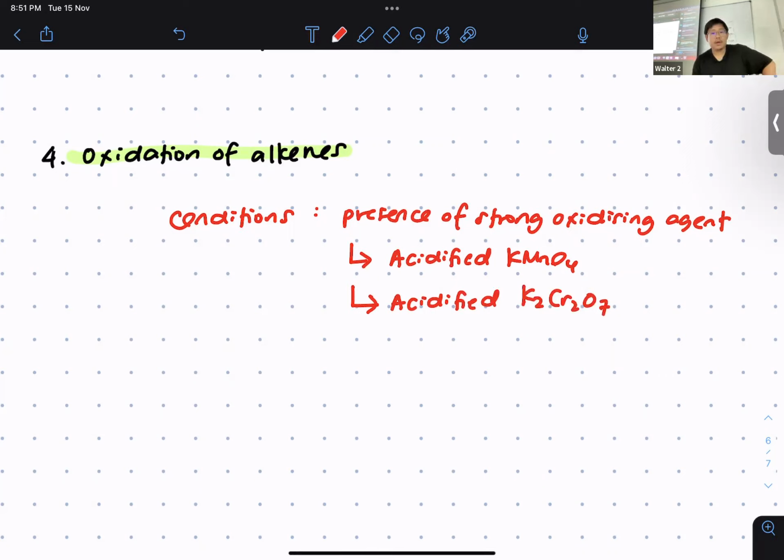Either one of those. Acidified potassium manganate(VII) and acidified potassium dichromate(VI) are both very strong oxidizing agents.